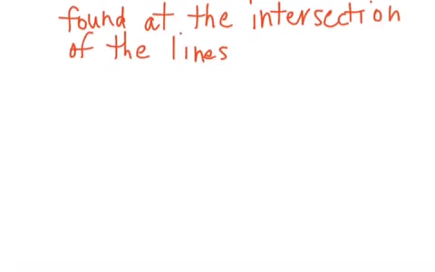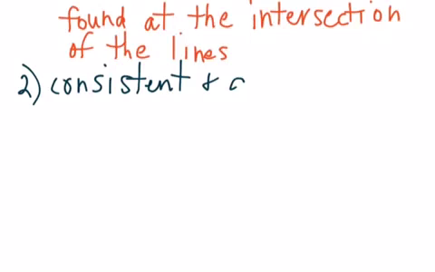The second type of system is consistent and dependent.